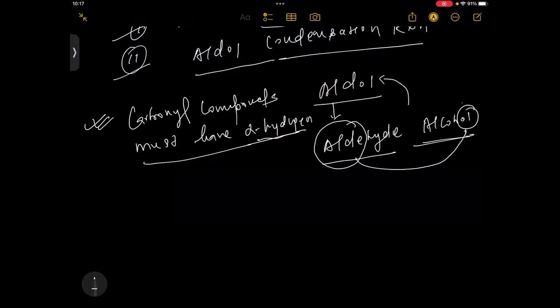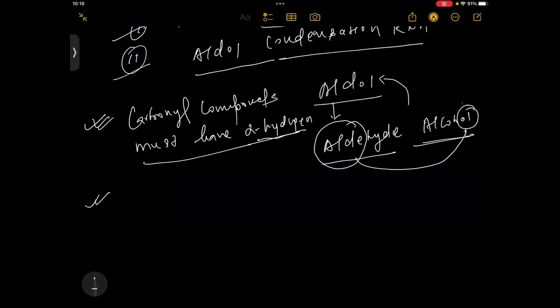Second, students, aldol reactions can happen with a strong base as well as a weak base. Here in your NCERT, the aldol condensation is carried out in the presence of a weak base.